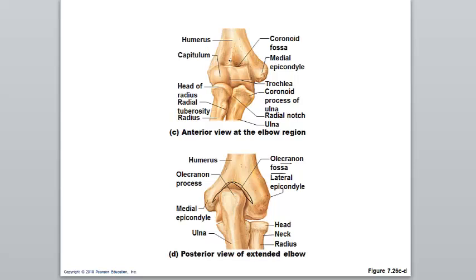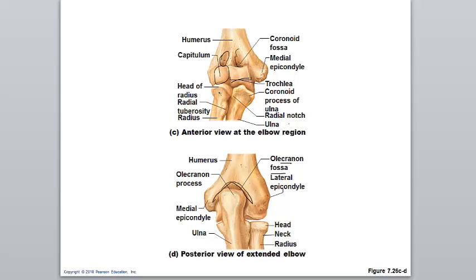So here's the anterior view of your humerus. You have the capitulum. Above that is the radial fossa. Here's the trochlea. Above that is the coronoid fossa. Remember, coronoid process of your mandible. This is your coronoid fossa of your humerus. Same name, different structures. Okay. So when you have the radius towards the lateral side, remember anatomical position, your palm is facing forward, right?